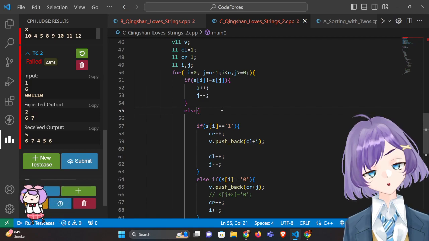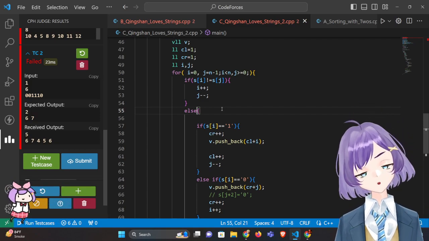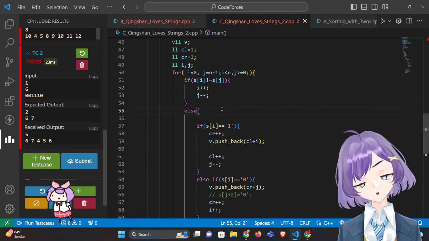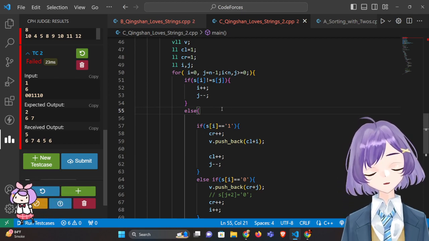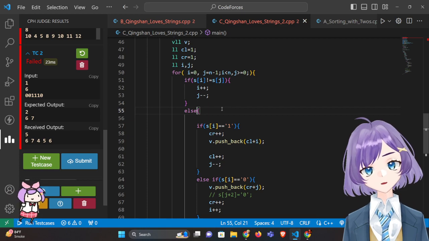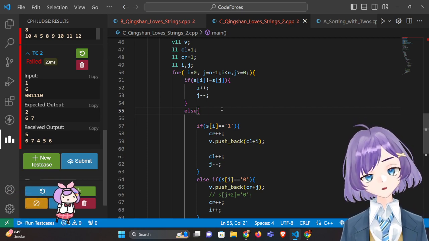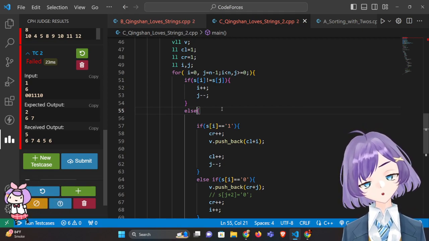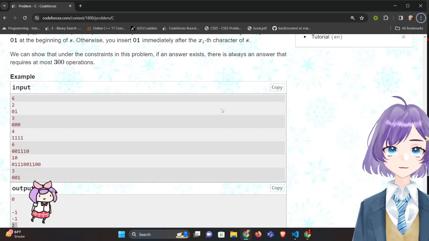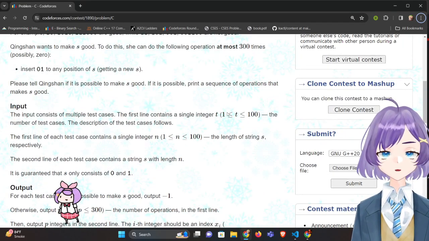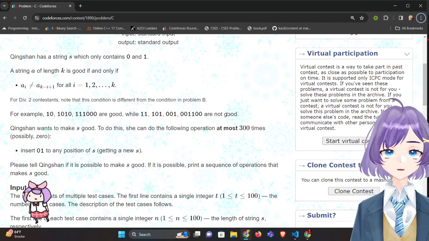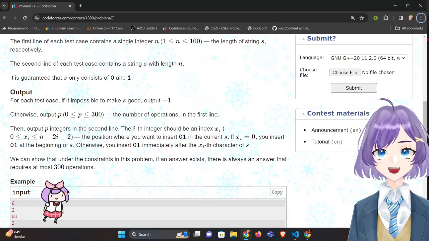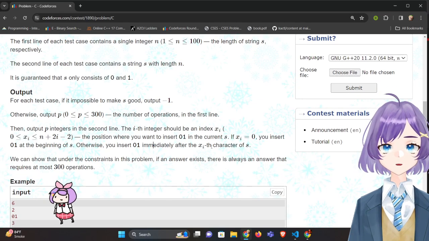0, 1, 1, 0, 0, 1, 1, 0, 1, 1, 1, 0, 0, 0, 1, 0, 1, the zeroth position. After zeroth position, position where you want to insert 0, 1.